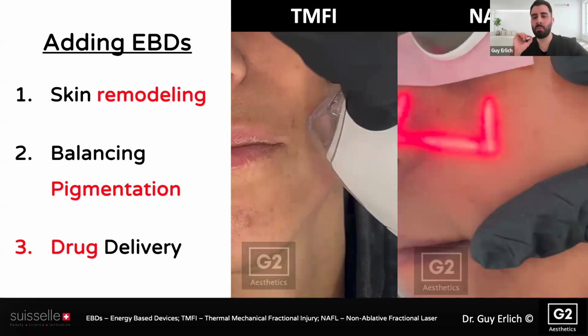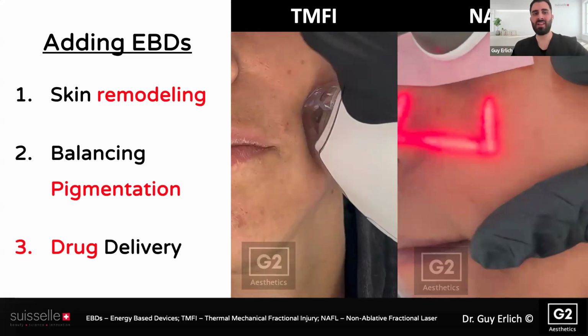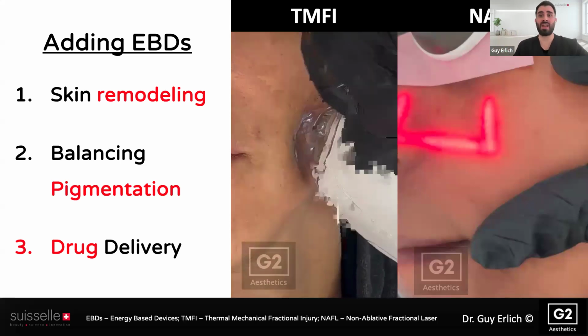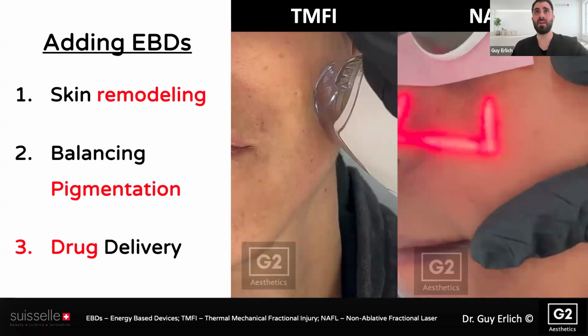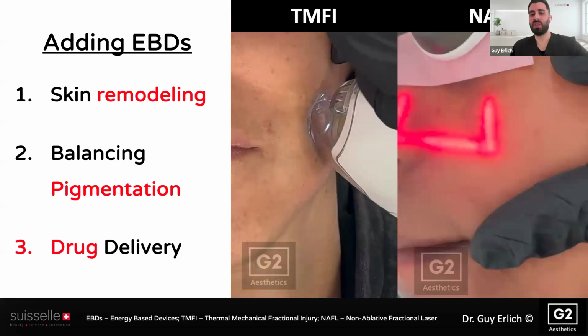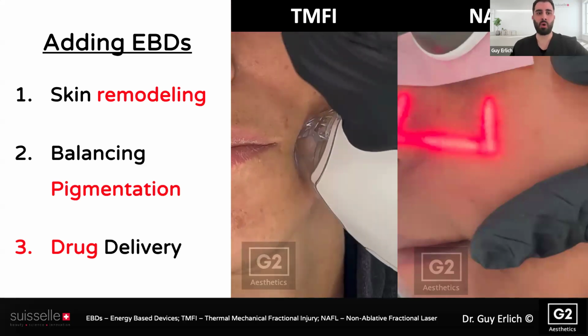I want skin remodeling. For me, it is not enough to just inject active ingredients. I want to stimulate the skin for new collagen synthesis, and I'm doing it either with non-ablative laser or semi-ablative laser or TMFI, which are approved by the FDA to work on the eyelid, even on the eyelid themselves in the periorbital area.